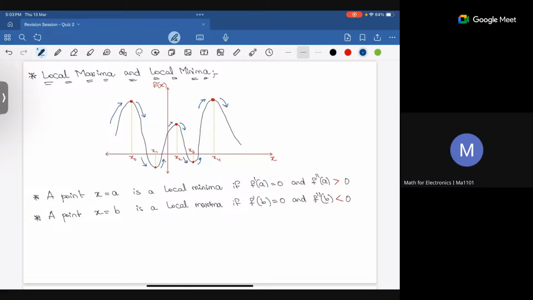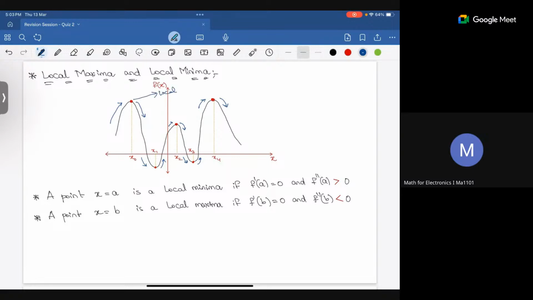Now, what are local maxima and local minima? Local maxima are the points where the function attains the maximum value around a small interval. So this x0 point is a local maxima because anything left of x0 and anything right of x0, the function value is lesser than f of x0.